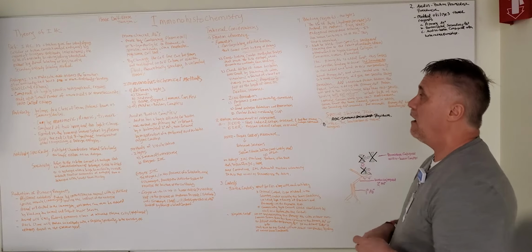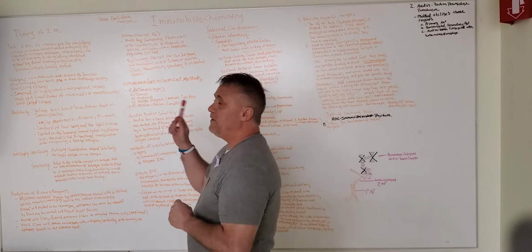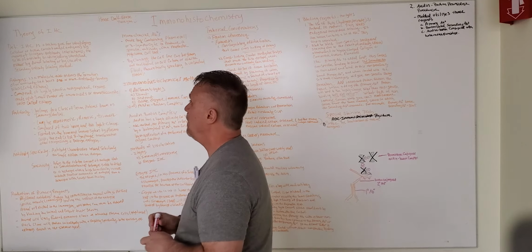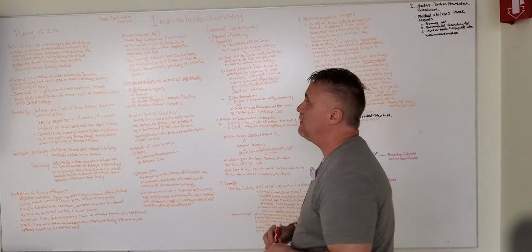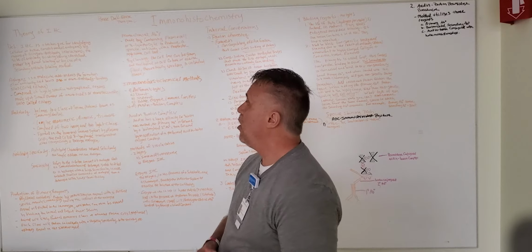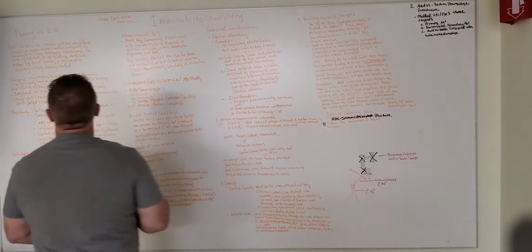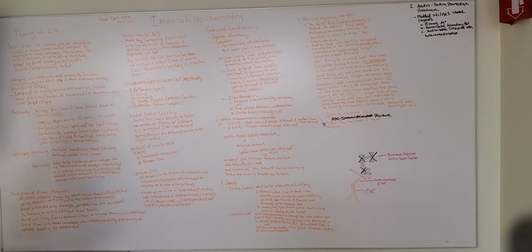So, all right, the definition of IHC is a technique for identifying cellular or tissue constituents, being the antigen, by means of antigen-antibody interactions. The site of antibody binding is identified either by direct labeling or by use of a secondary antibody labeling method.